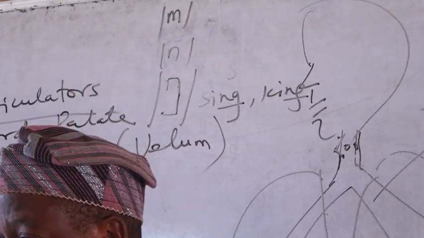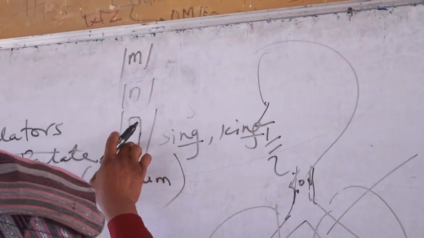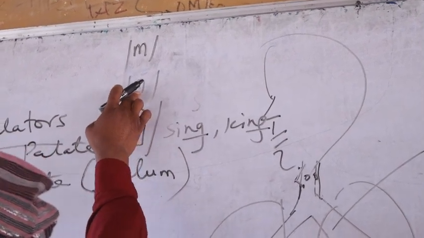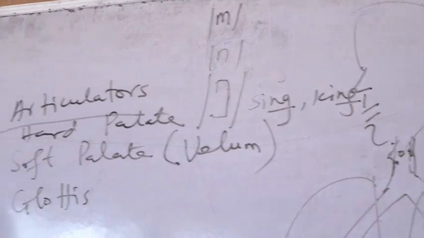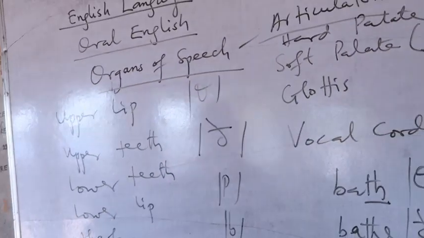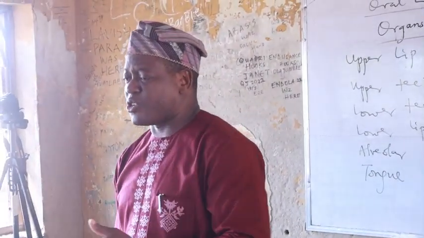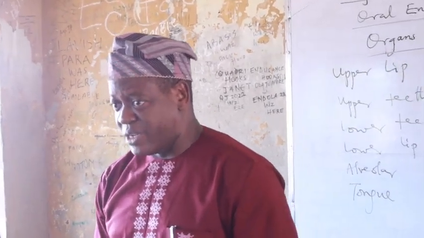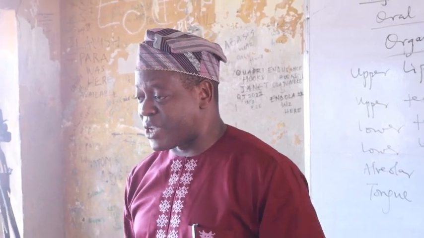These are velar nasal sounds. 3 nasal consonant sounds in the English language. So we say bye-bye to this. We now begin the consonant sounds. So when making references to some of these things in the course of our discussion, I think you will understand better what I'm trying to say.